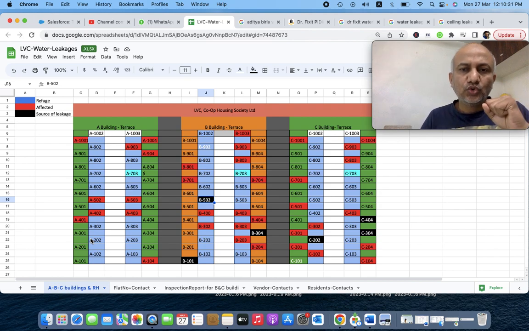So you have to work with your committee members and educate everyone, saying that because the spouts are getting blocked, water is not flowing out of the flat, which is leading to a lot of leakages.